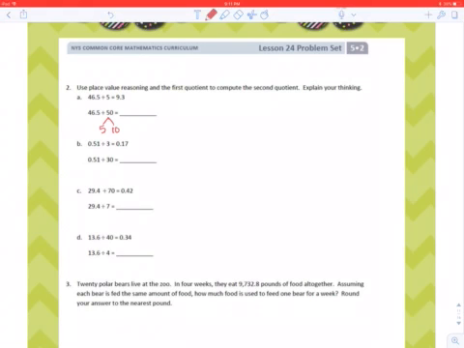So if I take my answer from A, which is 9.3, I think I'll write it right here, and divide it by 10, what do I get for an answer? 93/100.